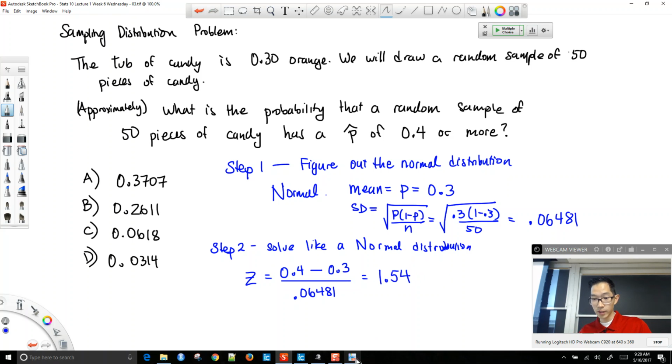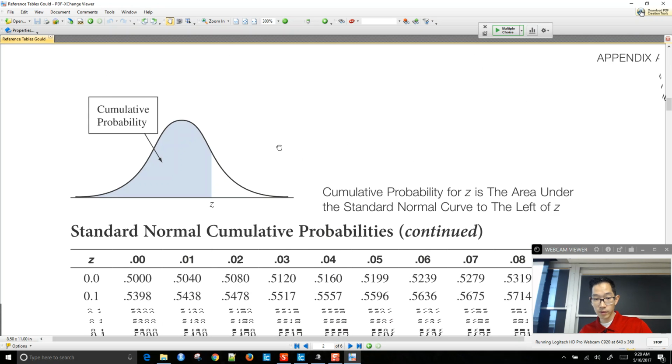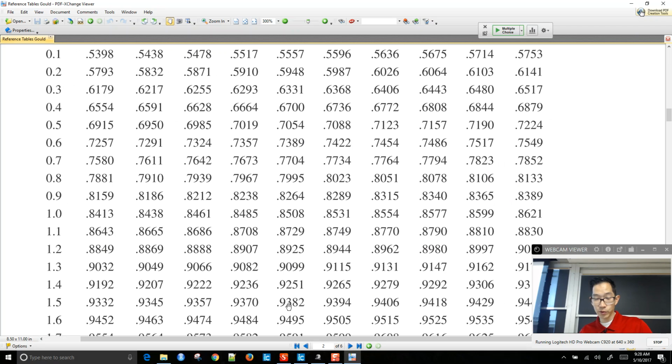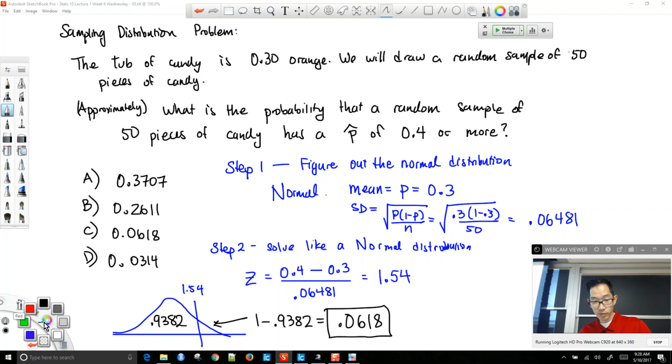Okay, and then we go to the normal table. We look up 1.54, and we find the area over here. Positive 1.54 is 0.9382. Therefore, this area over here is 1 minus 0.9382, 0.0618. And it seems like most of you had that figured out.